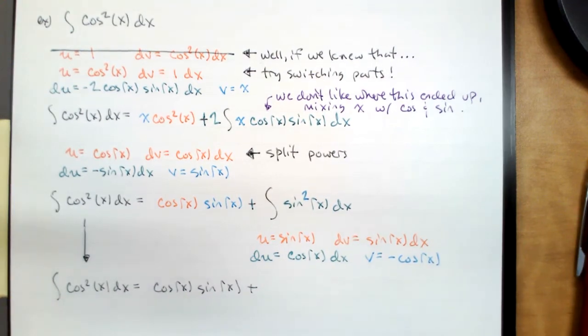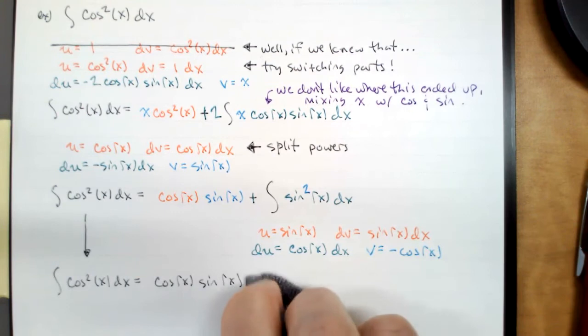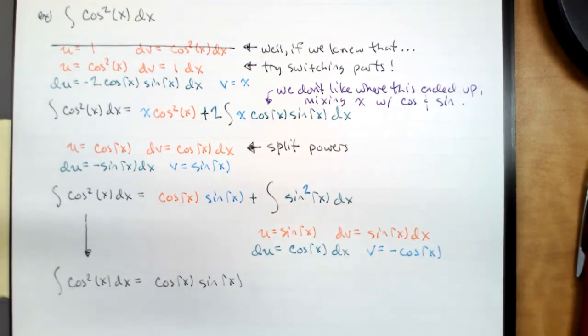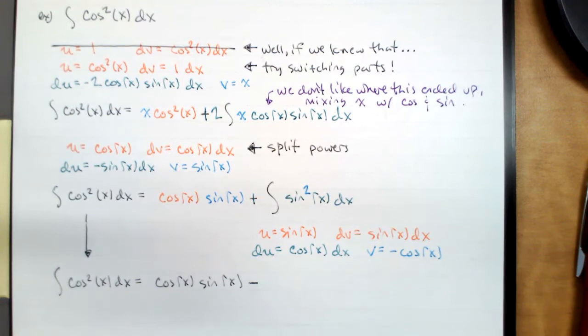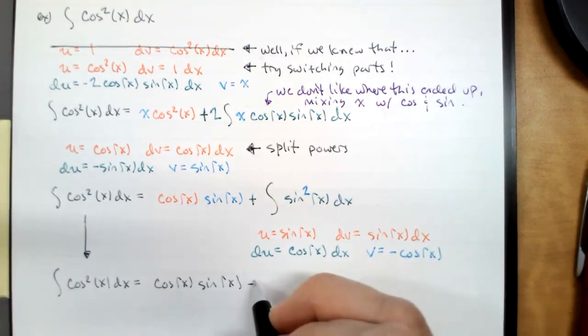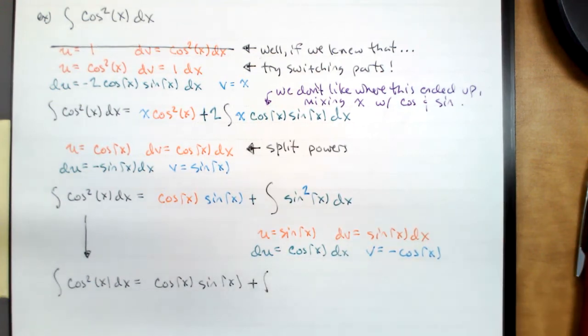I shouldn't have put the plus because we're not plussing or minusing. Oh, I'm going to use parentheses. Okay. So now I'm going to put our second set of parts into the parts formula.